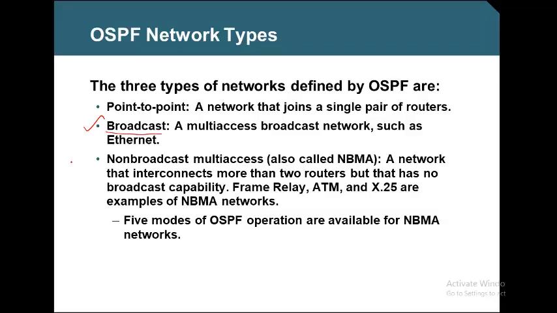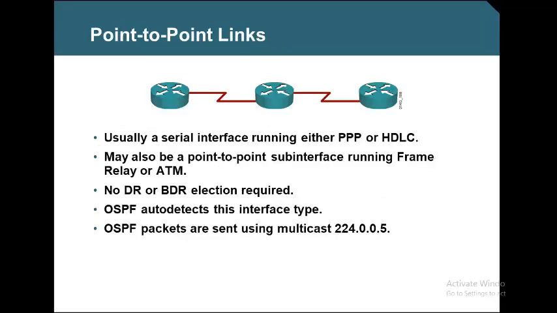Okay, so this is normal PPP, point-to-point protocol, or HDLC protocol you're running. This is not frame relay, this is not non-broadcast. This is a simple WAN link, serial link. You may have a physical point-to-point and you may have a sub-interface.